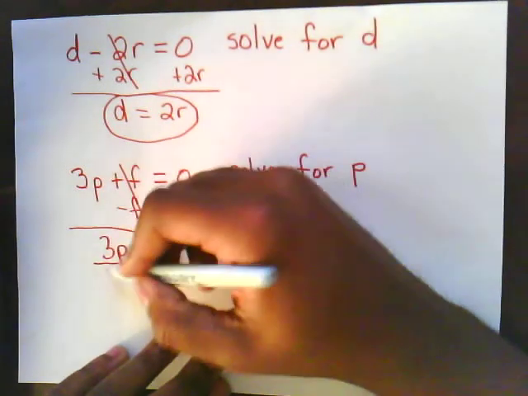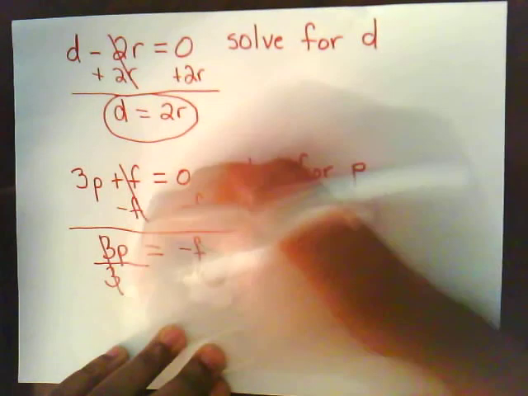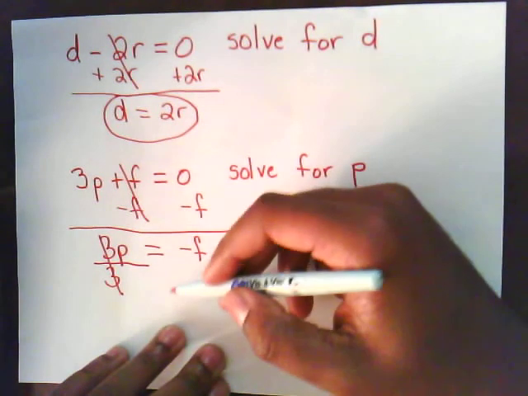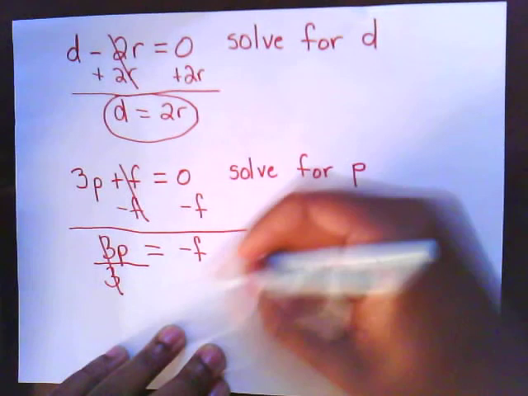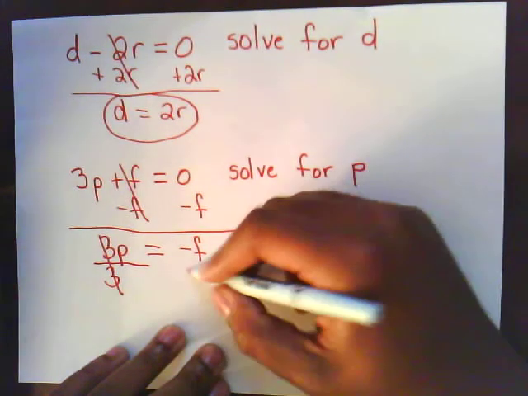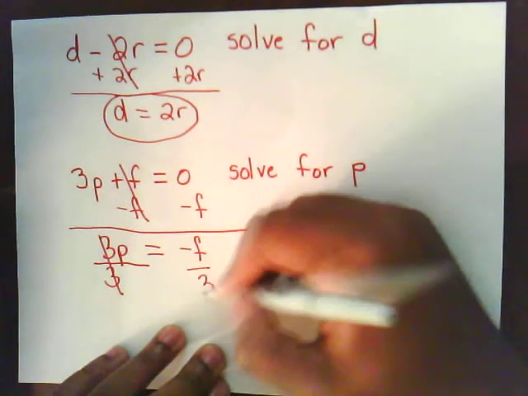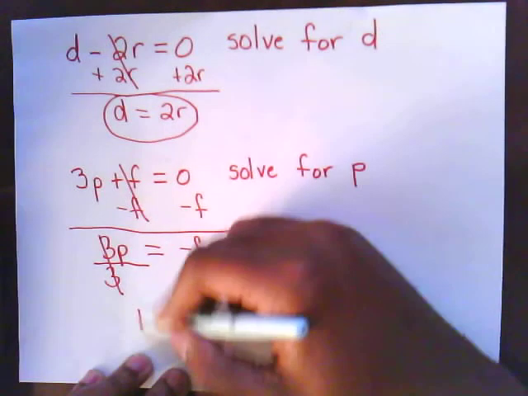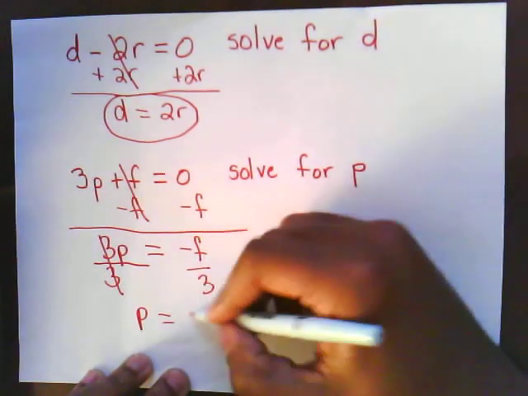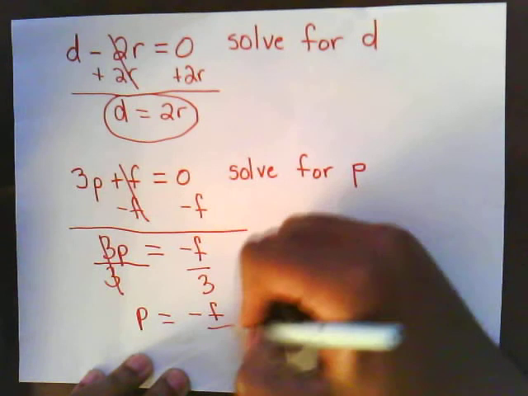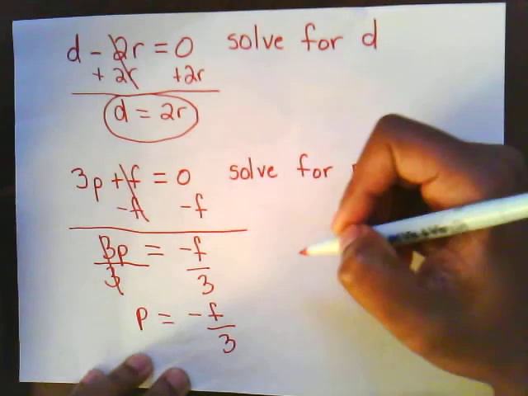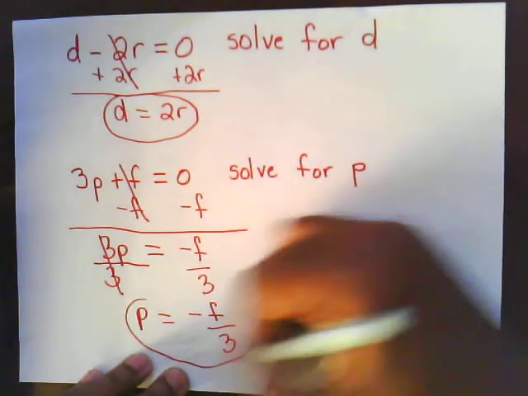We're going to divide by 3 so we can get p by itself. So we come over here and also divide by 3. So now our answer is p equals negative f over 3. This is our answer. We solved for p. Now, let's try 2 more problems.